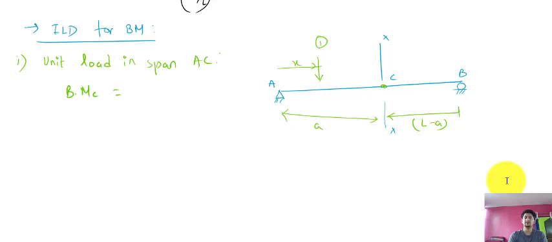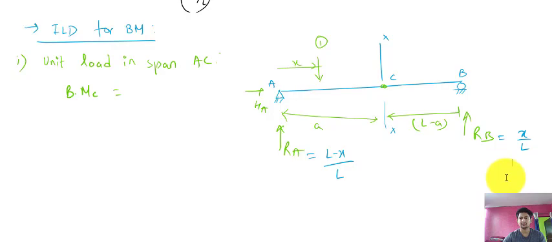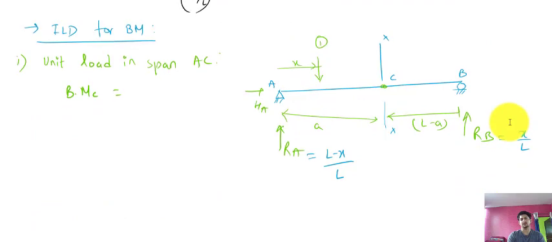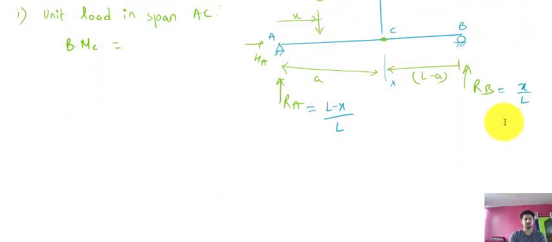You know that there will be two reactions, RA and RB, and H. Again you need to calculate the same result for these, and you will get the value of RA as L minus X upon L, and RB value will be X upon L. After applying the equilibrium equation you will get these values of RA and RB, and H equal to 0. Now you have to write the bending moment equation at C.